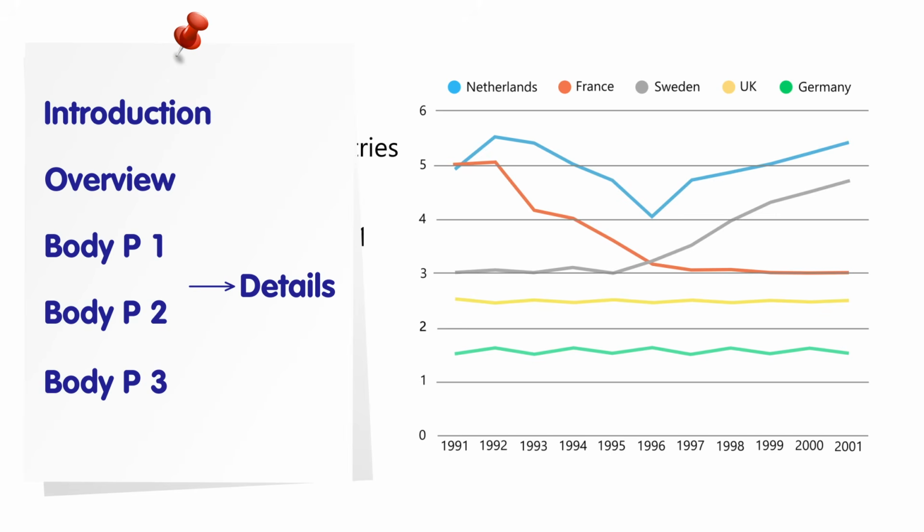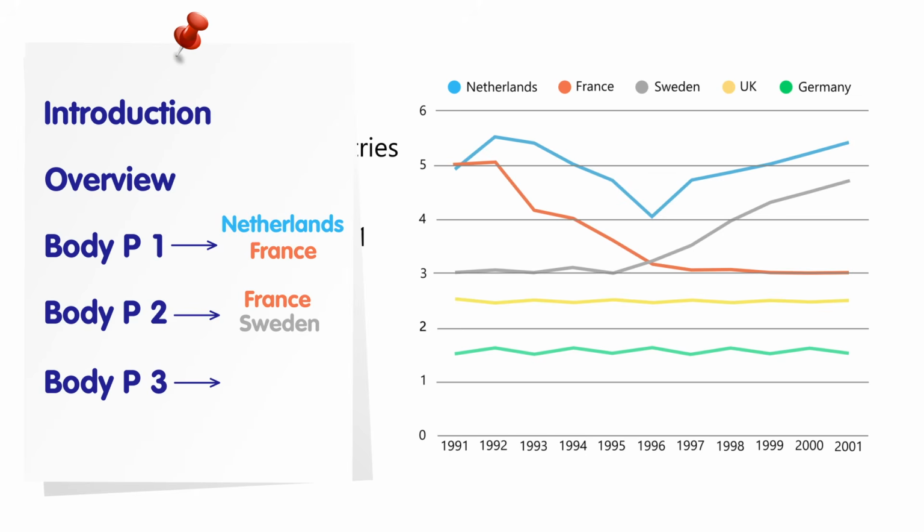In one paragraph, I'm going to describe the Netherlands and a bit France, and I'm going to compare Netherlands and France. And in the second detailed paragraph, I'm going to actually focus on France and Sweden, and the rest of the countries, which are UK and Germany, will be in the last paragraph.